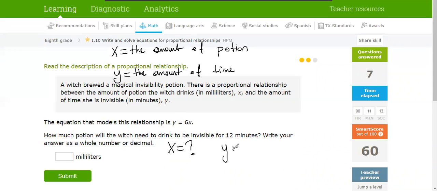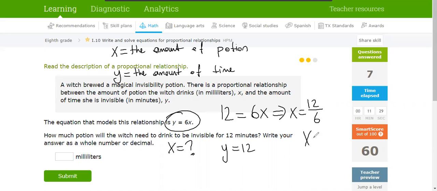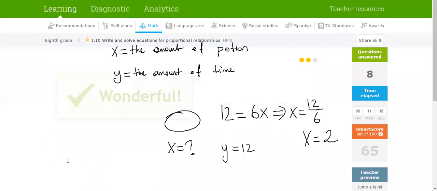So y is going to be 12. And y is equal to 6x. Instead of y, I'm going to write 12. 12 is equal to 6 times x. That means x is equal to 12 divided by 6. So x is equal to 2. 2 milliliters will be the answer. Let's write 2 here.